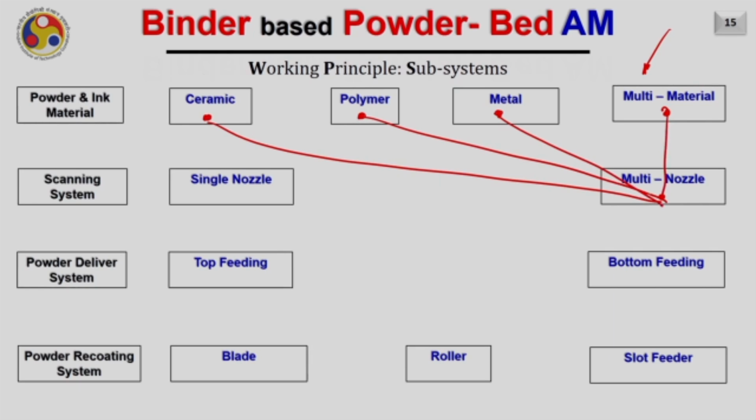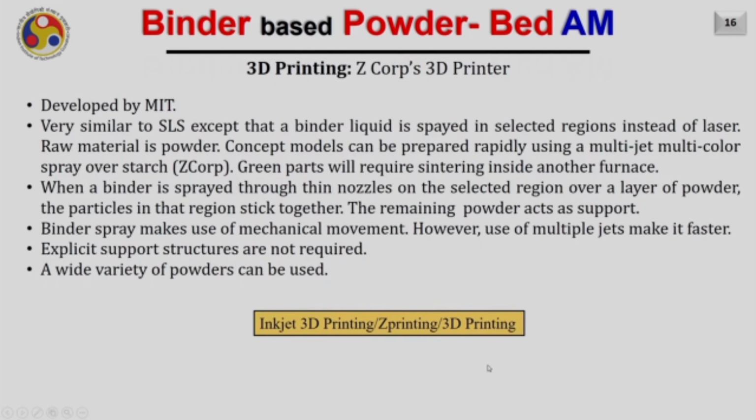They prefer to do the top feeding of the material and then a slotted feeder is used to spread the powder. So the technology 3D printing, which uses the subsystems which I just showed you, was developed by MIT and they gave this technology the name 3D printing.